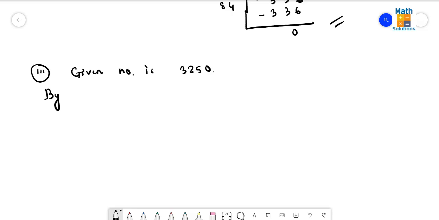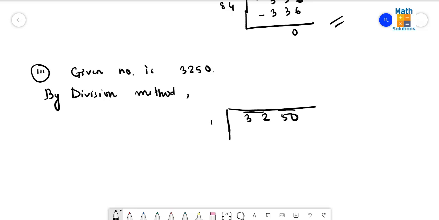Of course, I have to follow by division method. By division method, what would I get? Let us check. 3250. Do the pairing from this end. Before 32, what square number do we get? Yes, 25. So 5 5 ja 25 here.